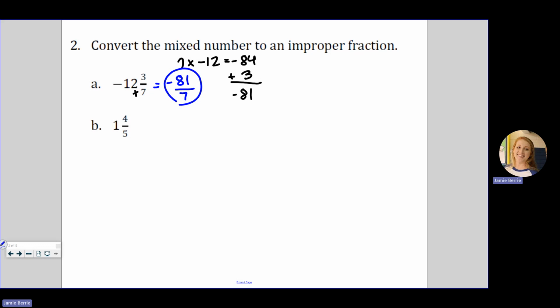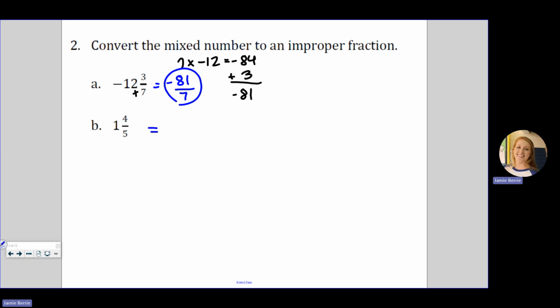All right, y'all try part B. One and 4/5. One and 4/5 is the same as what? 9 over 5, good.